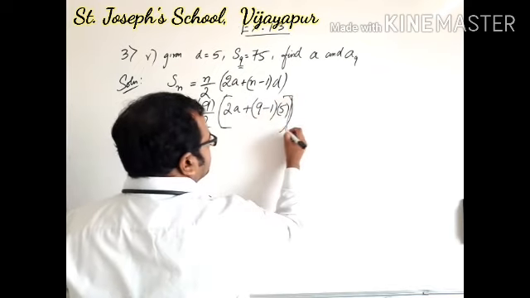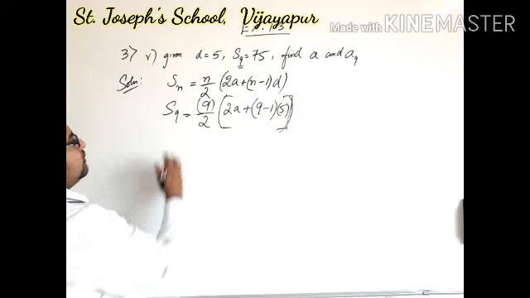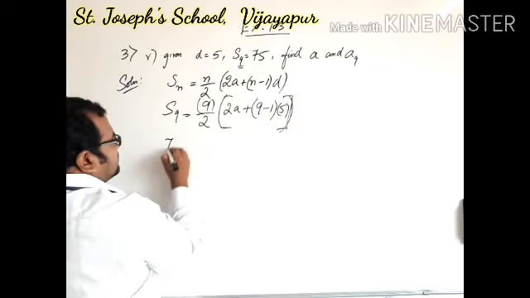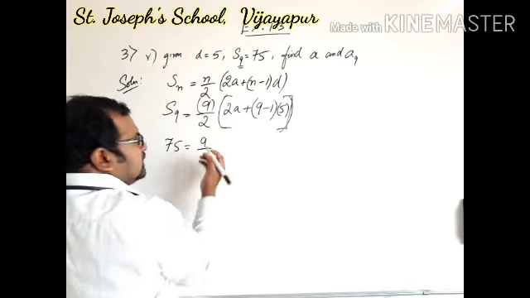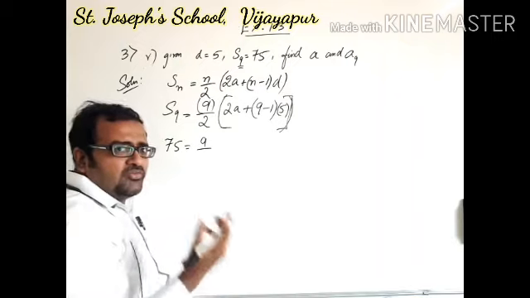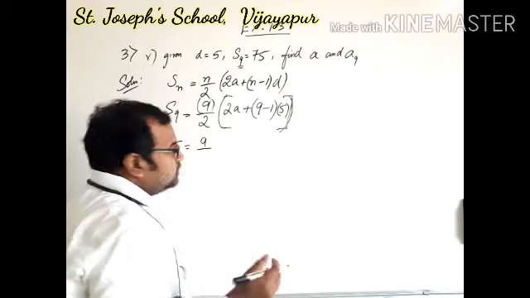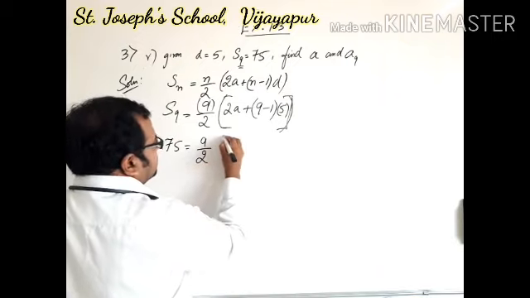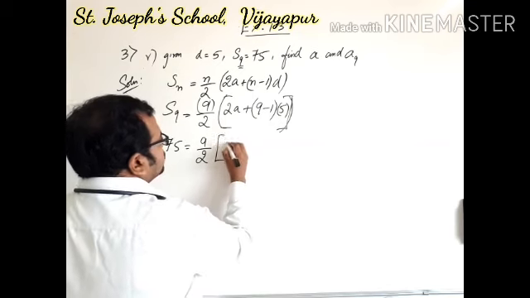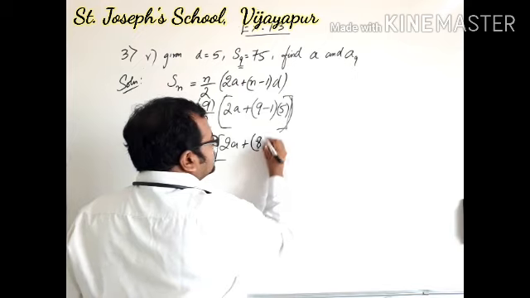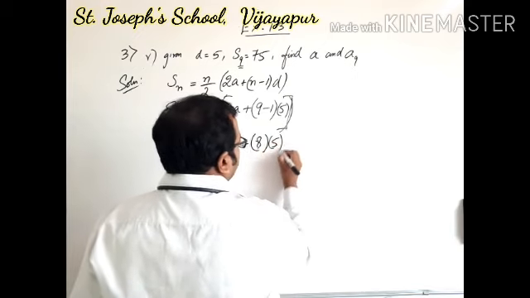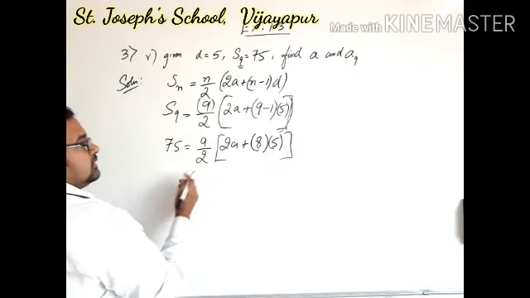You can use square brackets. Now, S9 value is 75. So 75 is equal to 9 upon 2. You can simplify it as 4.5, but it's not a rule. I am just keeping it as a fraction. It's easier that way. 2a plus 9 minus 1 being 8, 8 into 5.